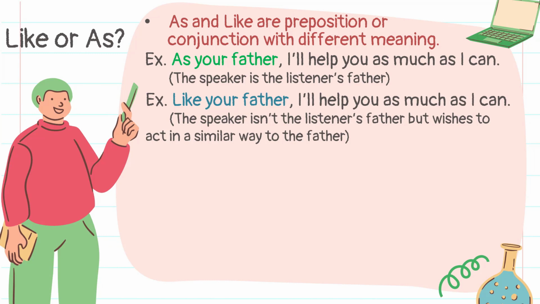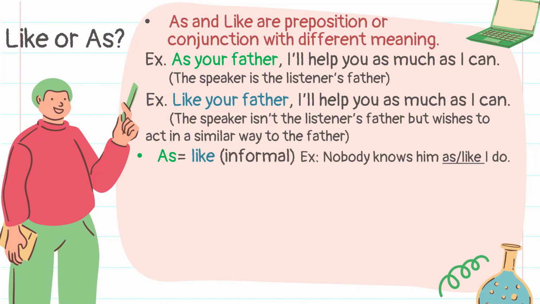It means that the speaker isn't the listener's father, but wishes to act in a similar way to the father. Number 2, as and like we can use the same, but like is informal. Example: Nobody knows him as I do. Or you can say, nobody knows him like I do. But if you use like here, it is informal, you can use it in spoken language.